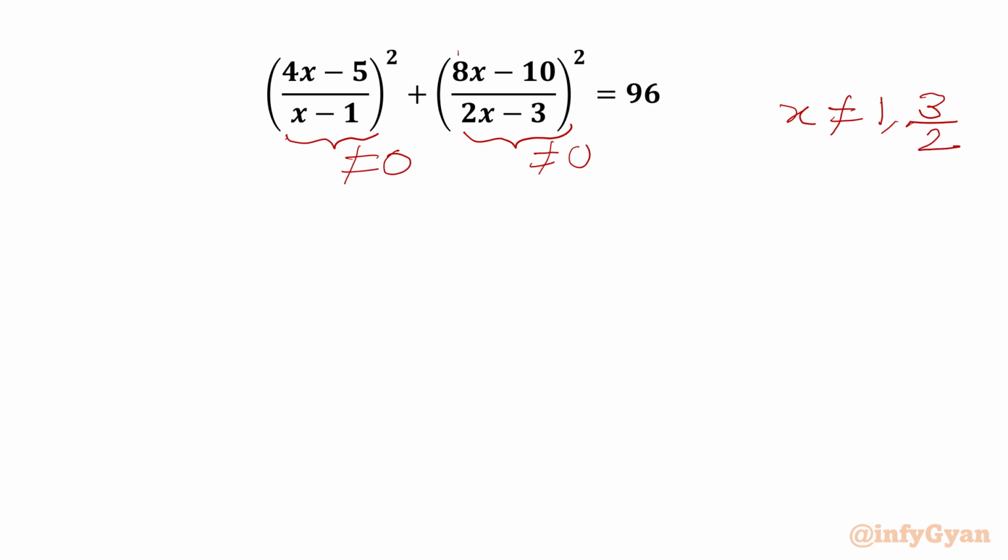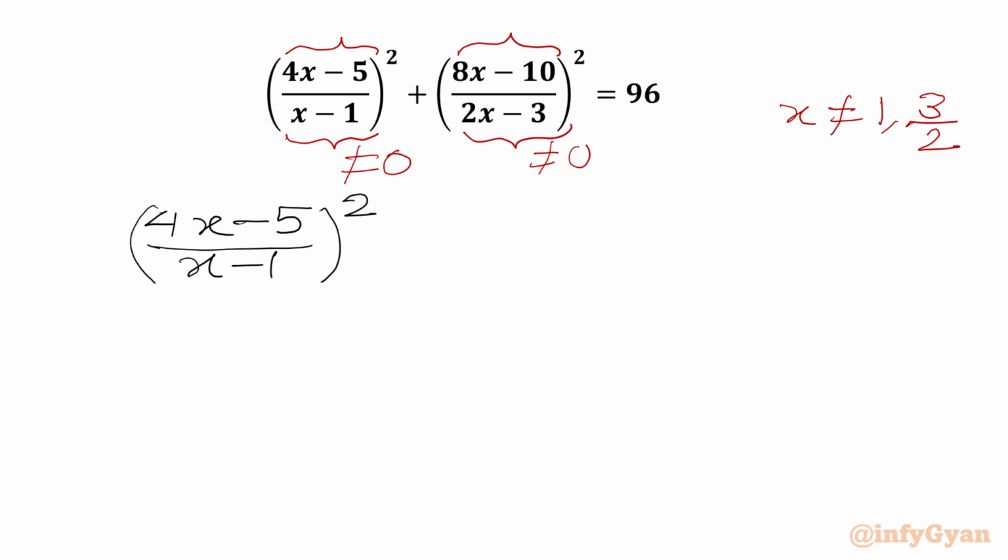Now I can see 2 is common from this bracket. So it will come out as 2 square and 4x minus 5 will be left in the bracket, which is matching with our first numerator bracket. So I can write here 4x minus 5 over x minus 1 whole square plus 2 will come out as 2 square, so I will write 4.